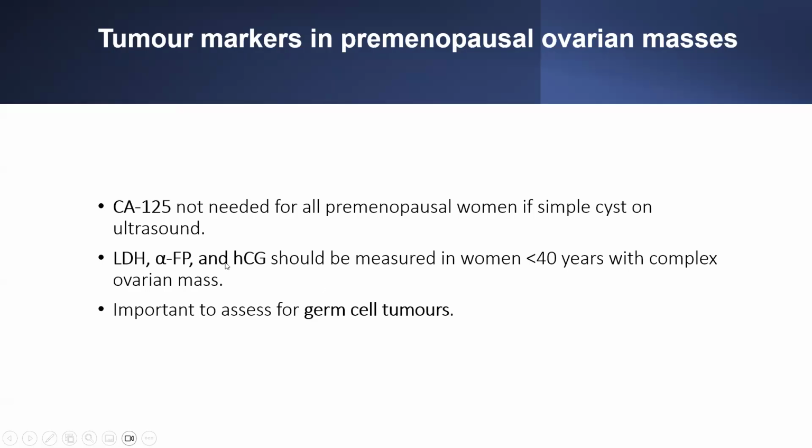So these are offered in complex ovarian masses, not in simple cysts. So if there is a simple cyst, you will not go for CA-125 or LDH, alpha fetoprotein, or HCG. Because LDH, alpha fetoprotein, and HCG are offered with complex ovarian masses, because these are the tumor markers for germ cell tumors, which are common in premenopausal women.